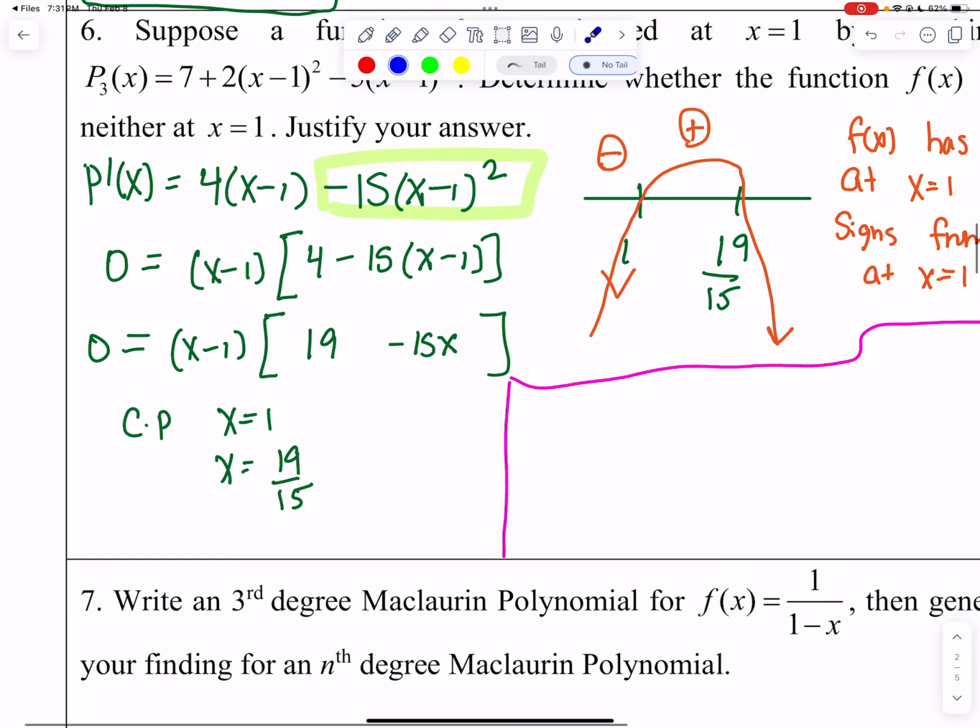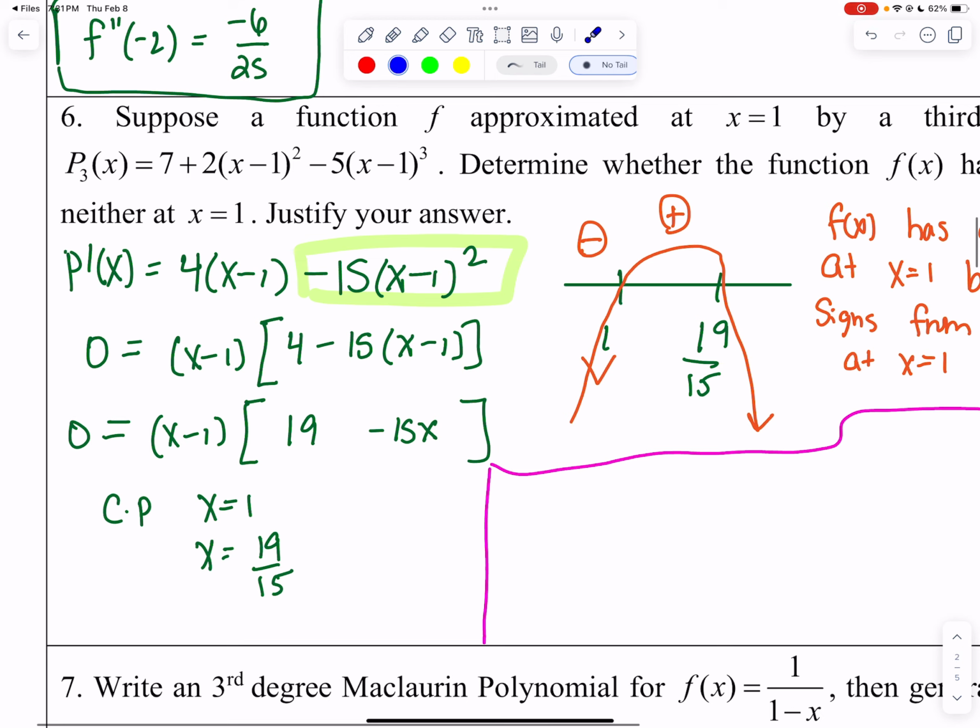My problem here for number 6 is that I don't have a degree of 1. Because I don't have a degree of 1 term, this basically tells me that my derivative, aka f prime of 1, is equal to 0. Which makes sense because we kind of saw that right here whenever we were doing our critical points.